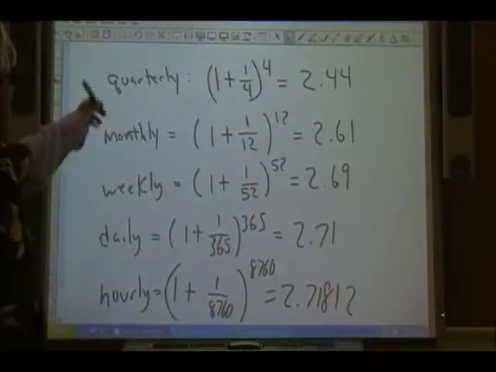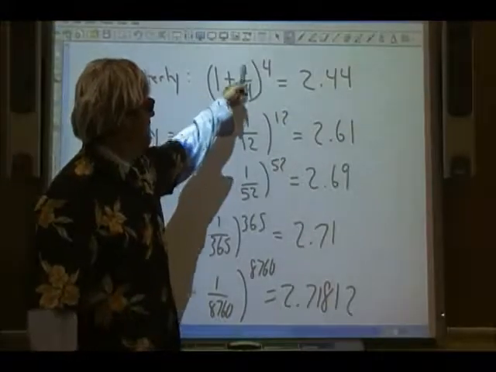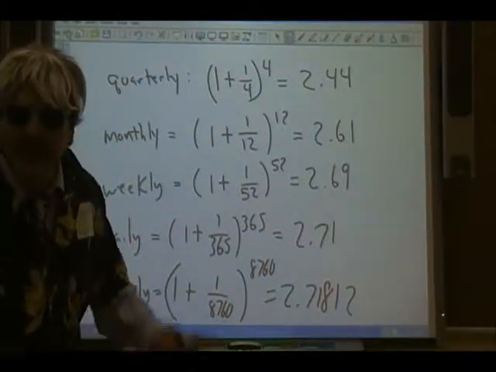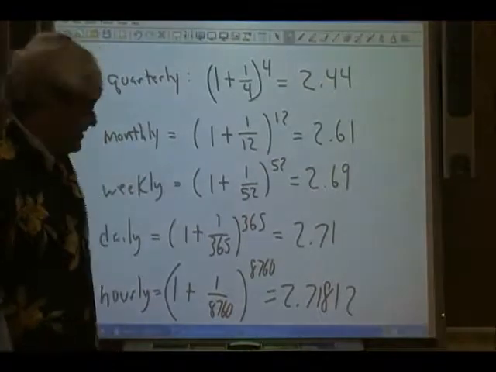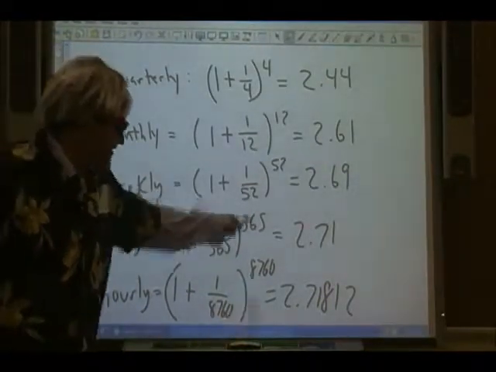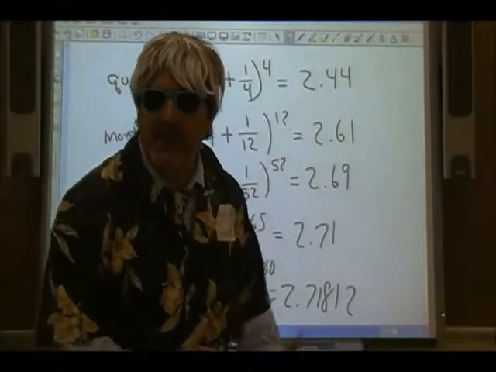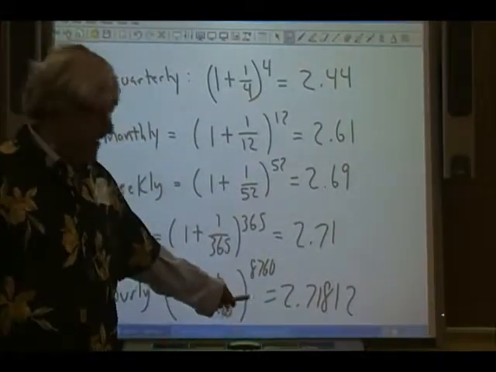So I wrote it out here. This is what's happening. If you do it quarterly, you're doing it 4 times a year, so it's 1 plus 1 over 4 to the 4th. If you're doing it monthly, that's 12 times a year. Weekly, that's 52 times a year. Daily, there's 365 days in a year. If you want hourly, well, it's 365 times 24, which is 8760, and you get this.